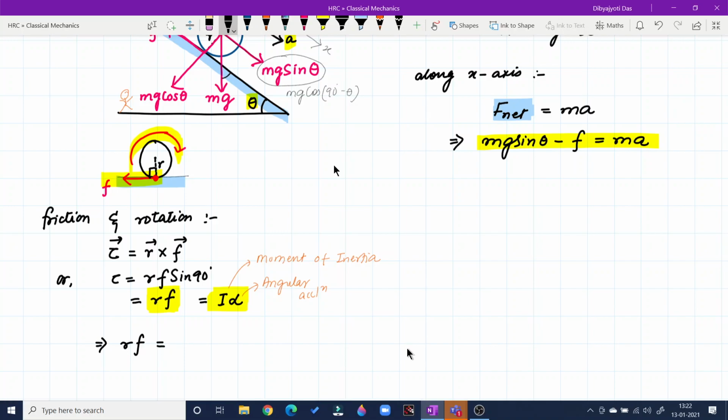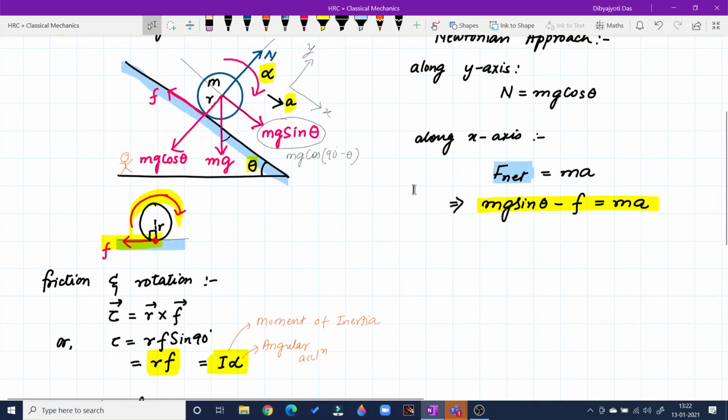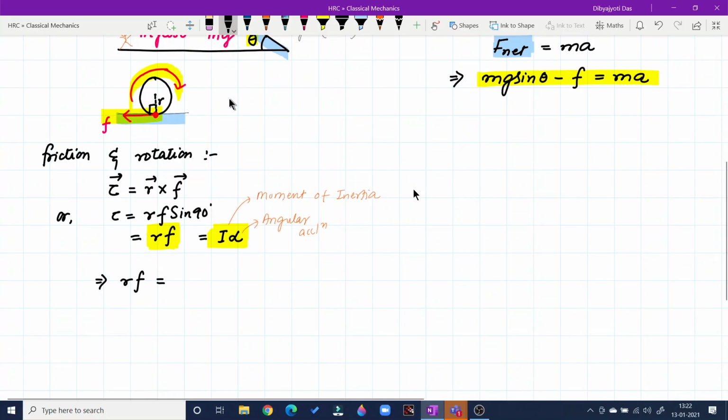Sir, about axis perpendicular to it, mr square. Yes, about an axis perpendicular to the disk and with respect to the center of this disk, with respect to which we are studying the motion, we study the rotation. Half mr square, yes. Half mr square alpha. Okay, so this gives us an idea about what is friction.